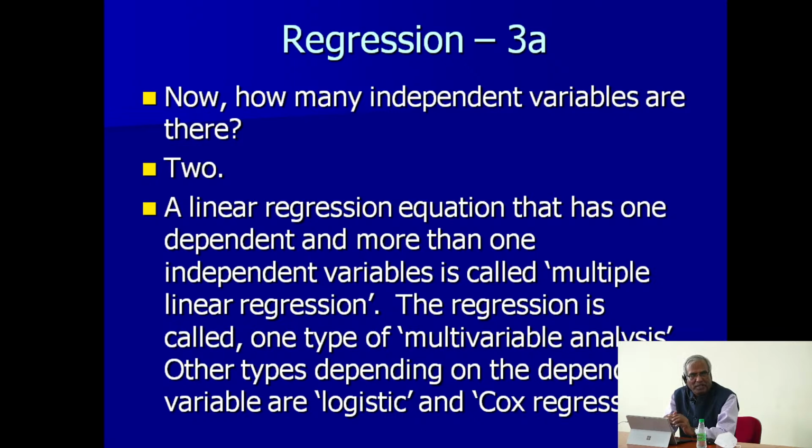If you are giving metformin to control diabetes, you check HbA1c, which is a continuous variable. It is called continuous because numbers can be 5.2, 5.5, 5.15, whatever it is. So this is continuous. What are the other types of variable we talked about?